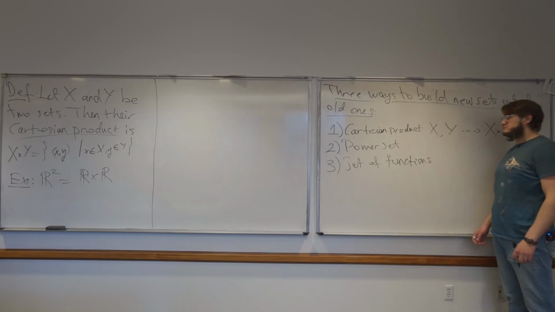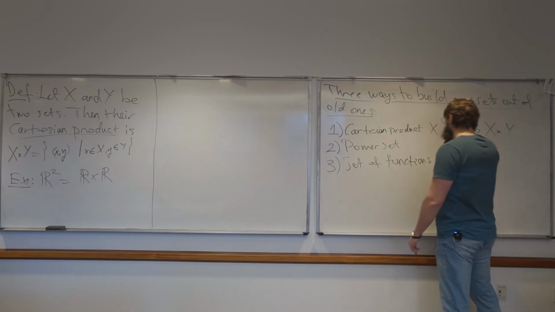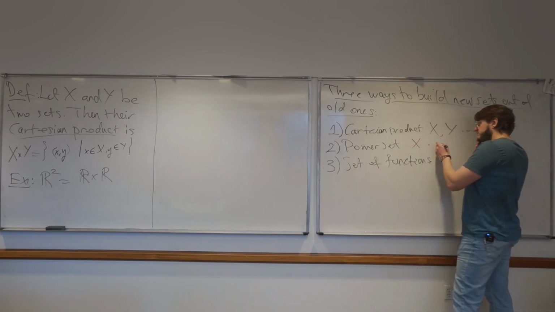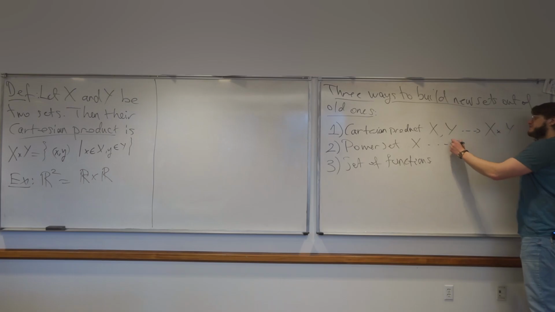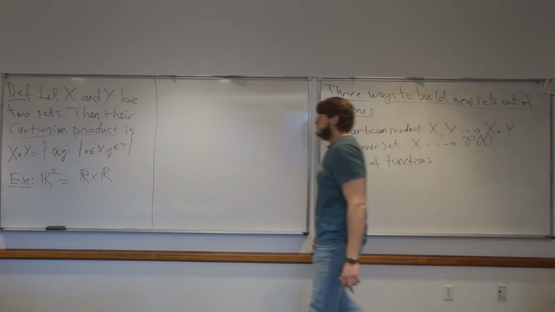Power set is yet another way of constructing new sets. It says if you have an x, from this you get some other set denoted by curly P of x. And this is what is called the power set. Let me now define it.